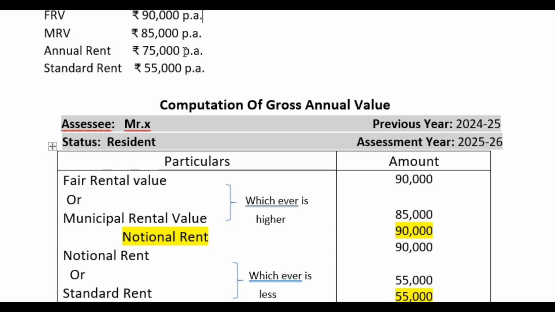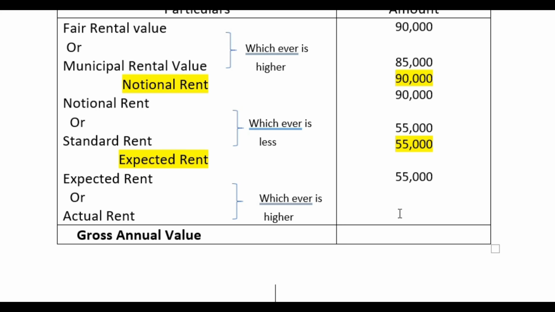So annual rent will be considered as actual rent. So we'll copy this, write down the same amount for the actual rent. Now, whichever is higher is known as gross annual value. So which amount is higher? Obviously actual rent 75,000 is higher. So we will just put it as the gross annual value.